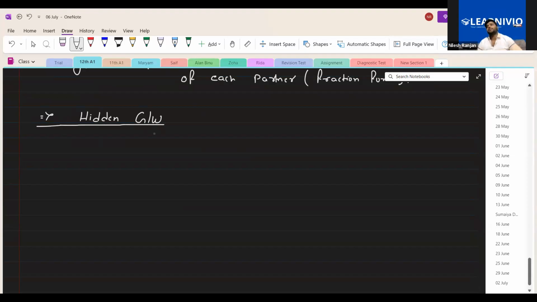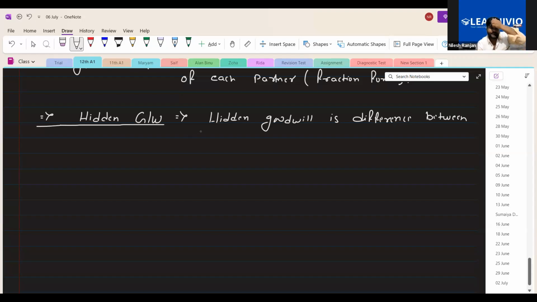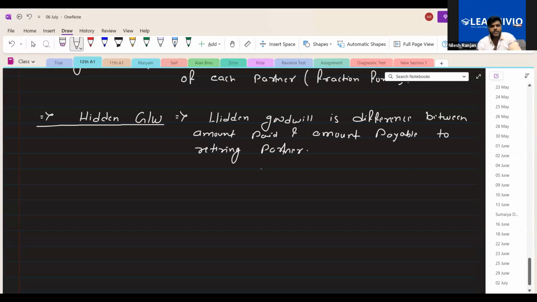In this case, hidden goodwill is the difference between the amount paid and the amount payable to the retiring partner.